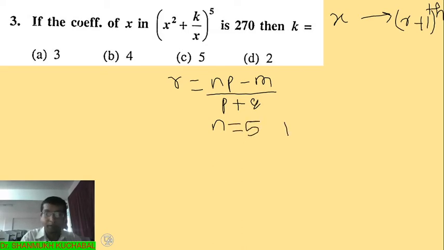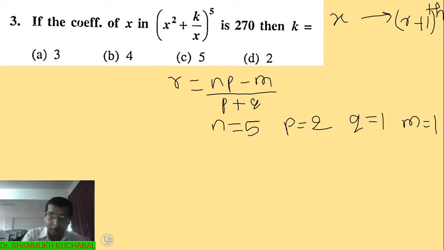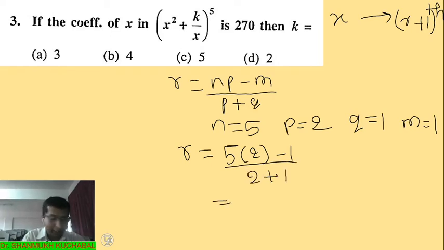N equal to 5, p equal to 2, the x power of the first term, q equal to 1, and m equal to 1, because x raised to 1. So these values we substitute in our expression. We get r equal to 5 into 2 minus 1 divided by 2 plus 1, so 5 into 2 is 10 minus 1, 9 divided by 3. So r equal to 3.